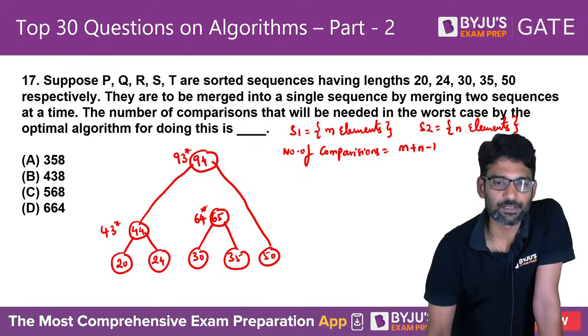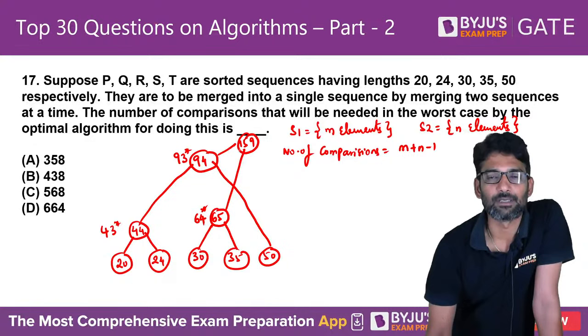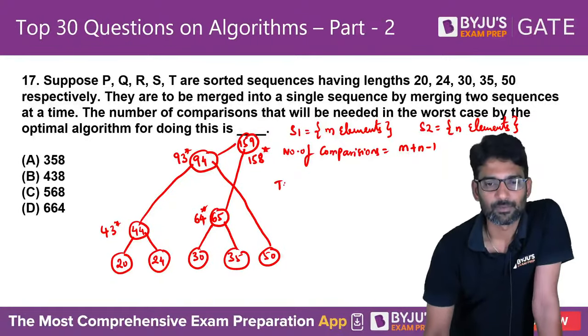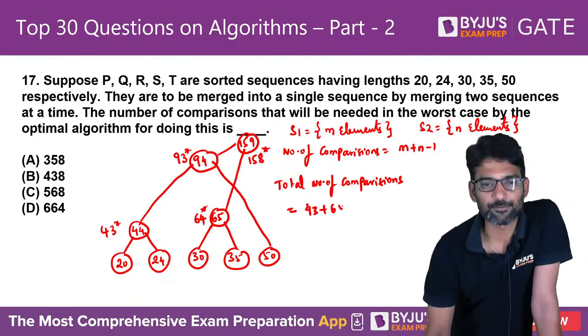Then you merge 65 and 94, you will get 159 elements list total, but the number of comparisons would be 158. Now, total comparisons we want. So, total number of comparisons would be 43 plus 64 plus 93 plus 158.